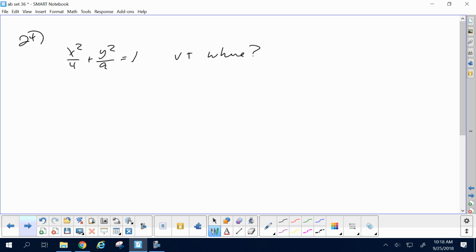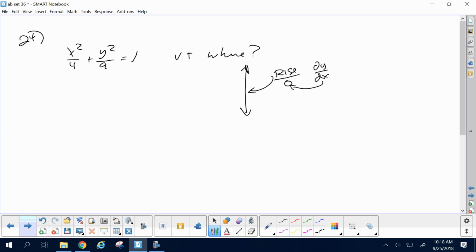Okay, so vertical tangents. A vertical tangent is when there is rise but no run. And so you need to first find dy/dx, which is what gives you the tangent slope at all, and find what makes the derivative's denominator 0.